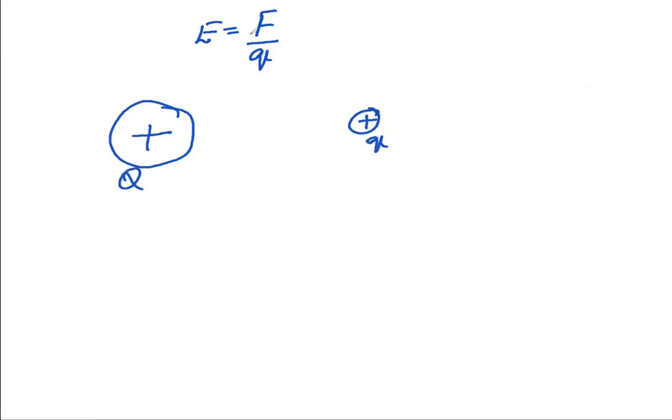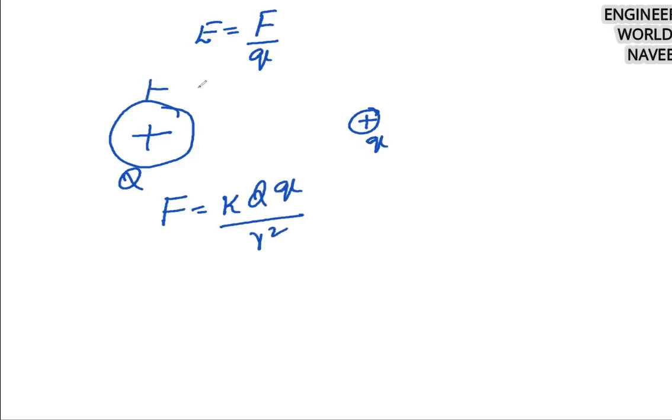So the electric field on this charge is the force applied on this charge per coulomb. If I apply Coulomb's law on this, then F is equal to K Q small q divided by R square. This distance is R.